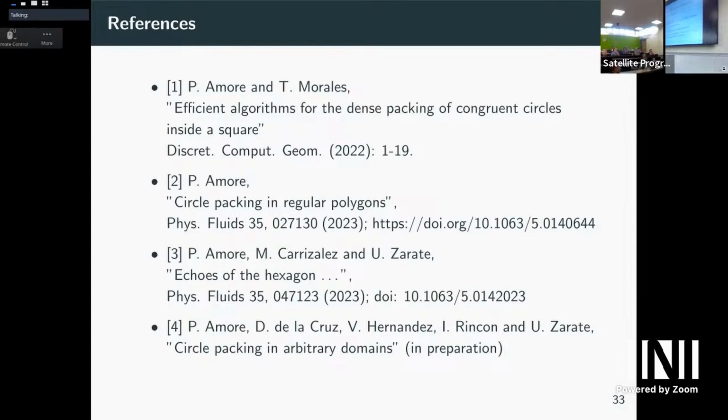We have time for a couple of questions. When you start the first line that you set up on the border, you start from a corner, so you cannot start here.